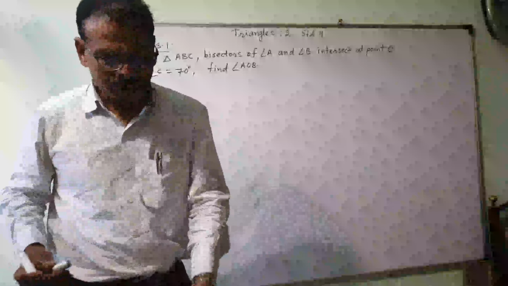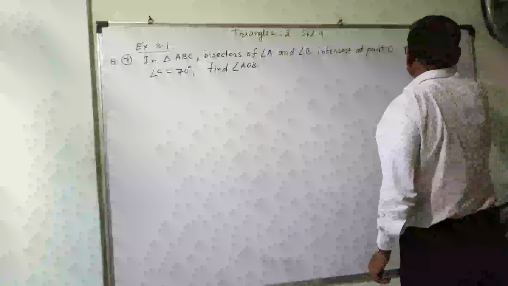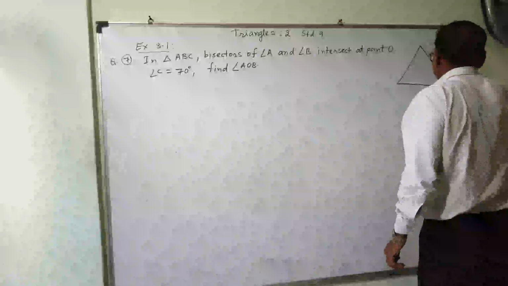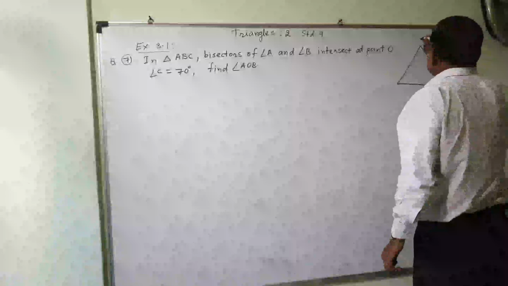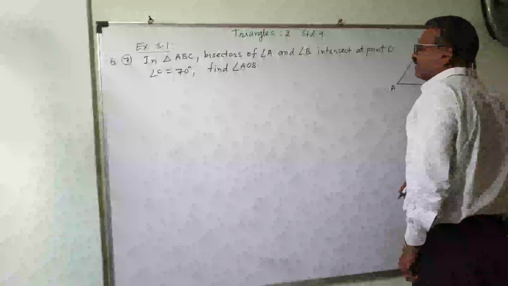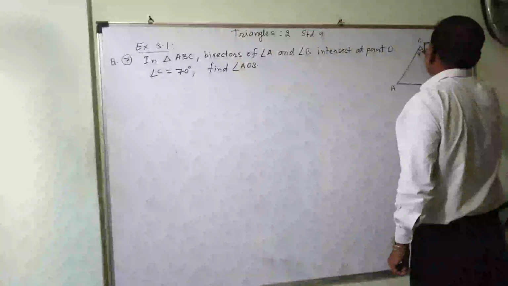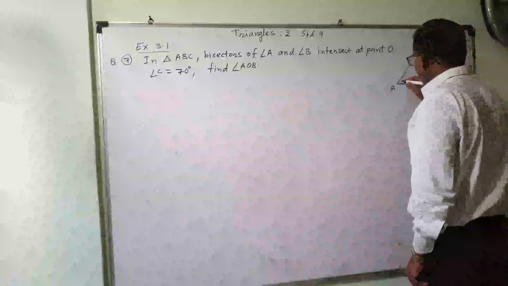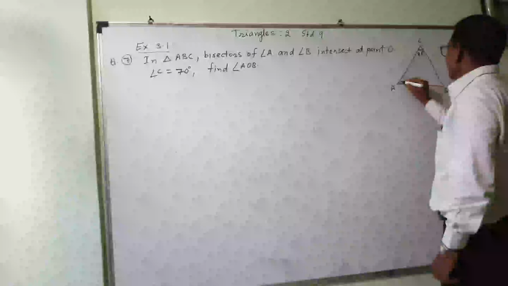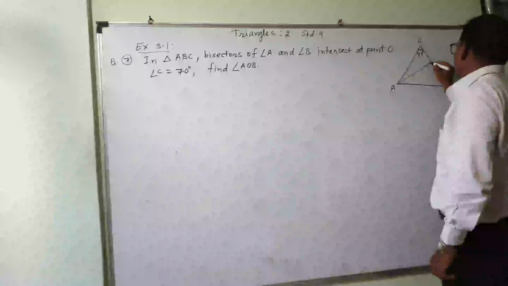Very, very important question. So I will draw the figure. The angle which is given, this is C I will take, this A I will take, and this I will take B. Angle C is 70 degrees. Now the angle bisector of this will go this way.